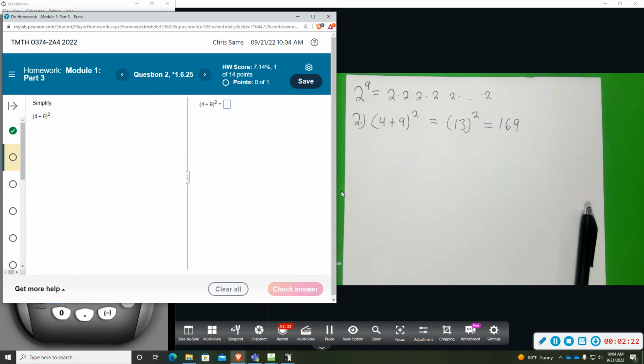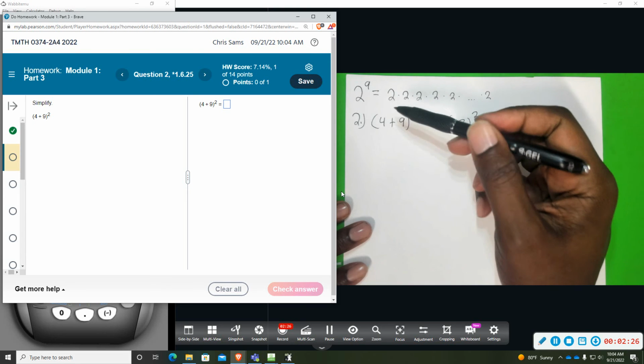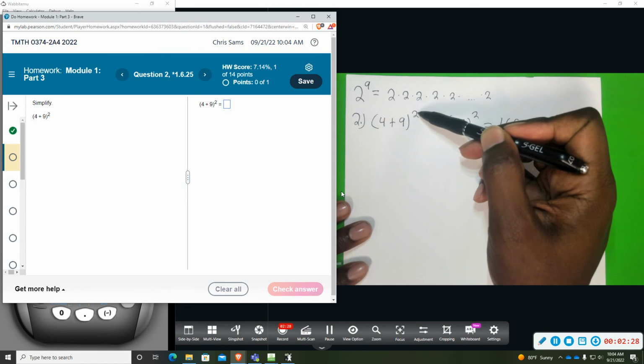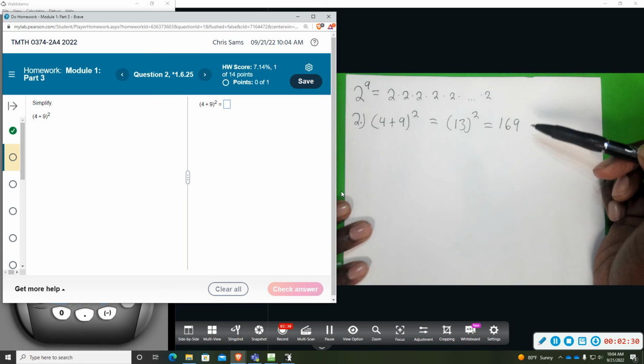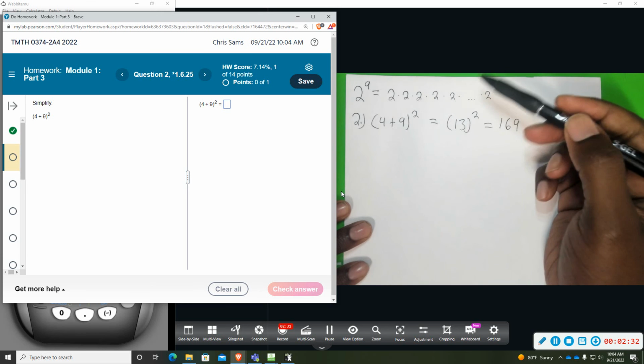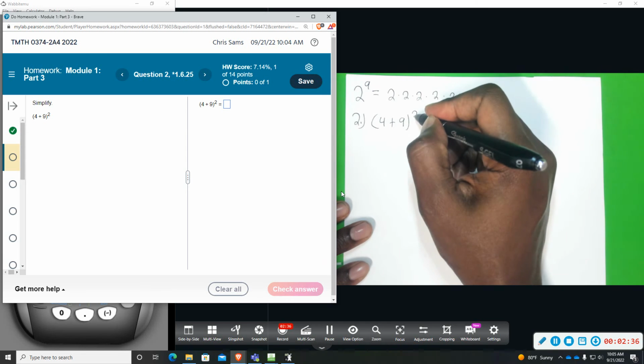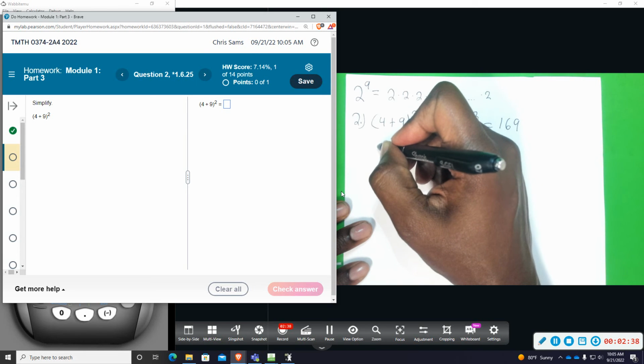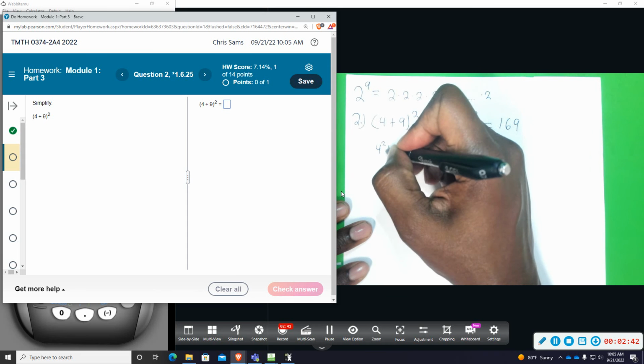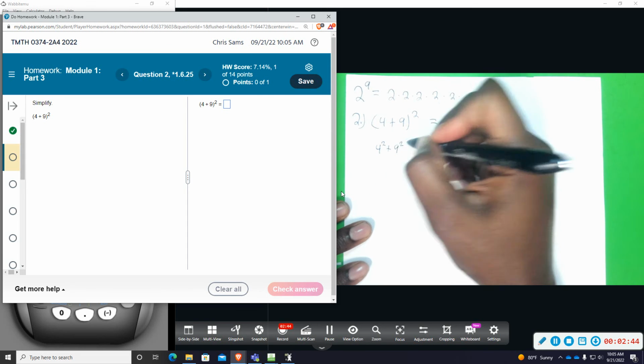One of the biggest mistakes that people will make as we go further along in algebra is they want to square both of these and then add them together, and you're going to see that that's not going to give you the same thing. If I was to just square both of these, this would give me 4 squared and then 9 squared.